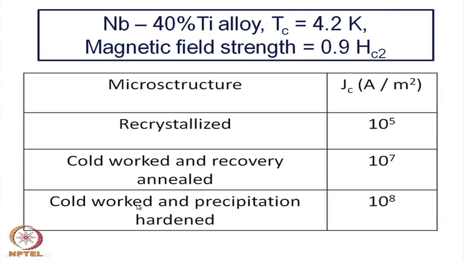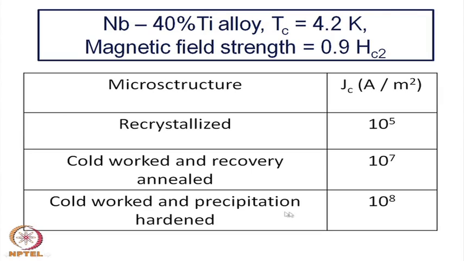Cold working increases the dislocation density, and for precipitation hardened, in addition one has introduced certain precipitates. So, both together, in this particular condition the material has the largest number of pinning centers, and this one has a relatively low density of pinning centers, and this is the least among the three.